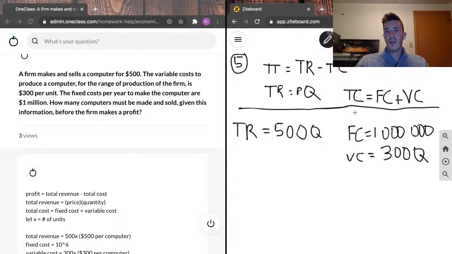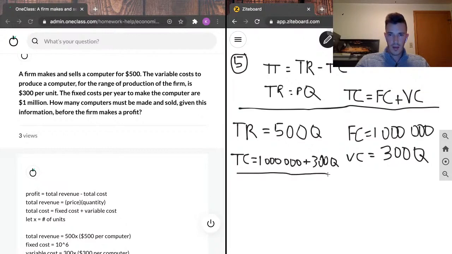And so our equation for total cost is total cost equals 1 million plus 300Q. So now we've got the question all set up, and we can begin to solve it.